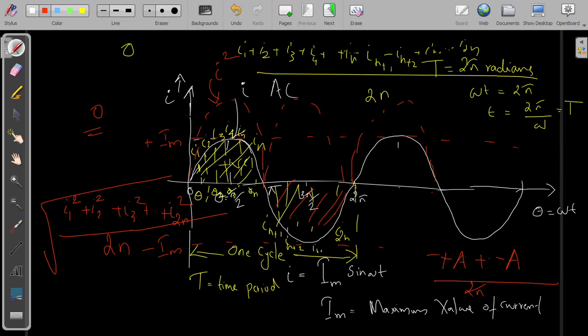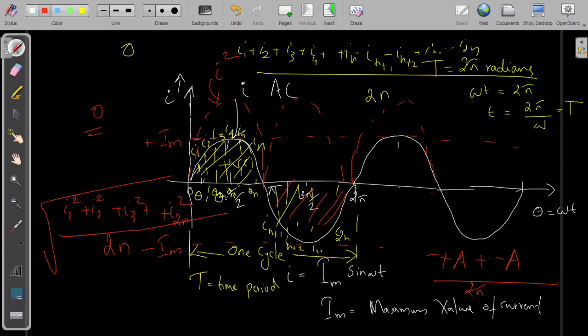That means which waveform's one cycle we consider is important. We are finding the RMS value of this alternating current waveform, so one cycle is the one cycle of this alternating current waveform, not the squared waveform.